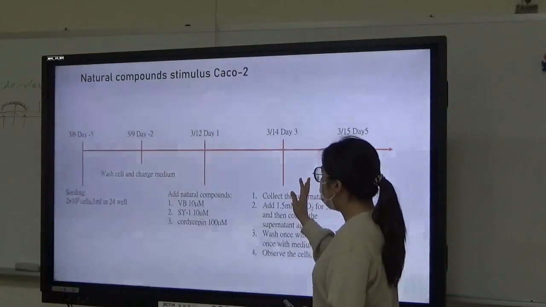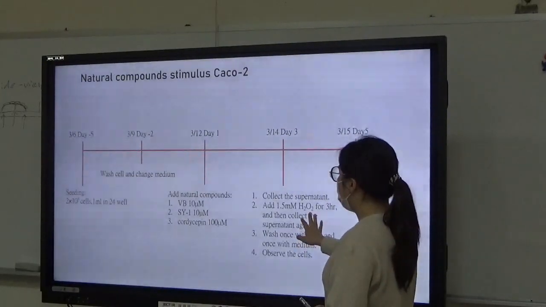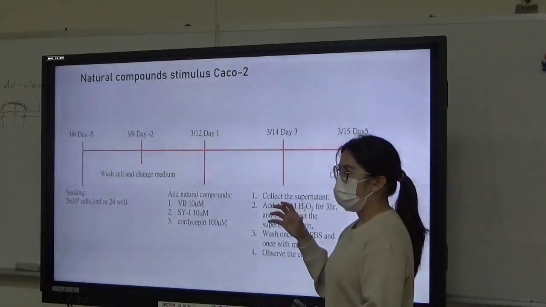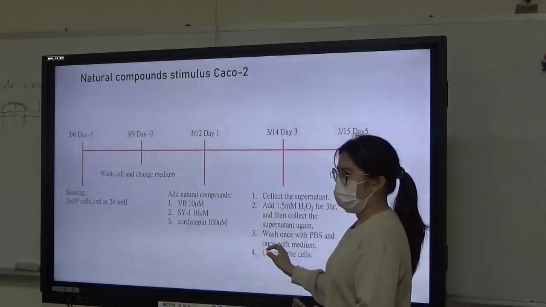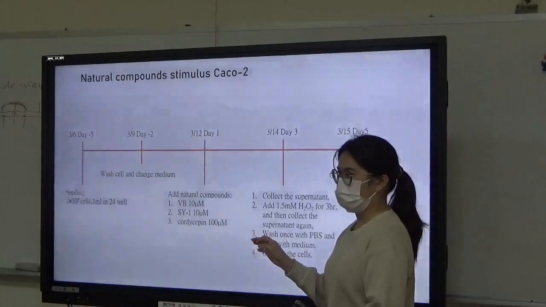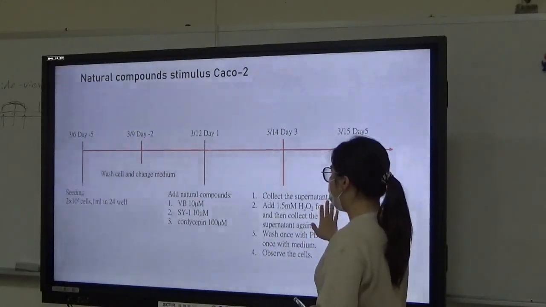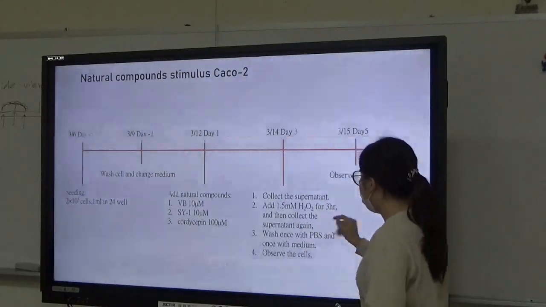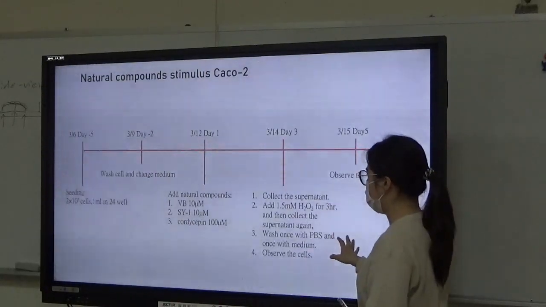And then after 2 days, we will use H2O to stimulate, compared with the control group, to destroy the toxic cells. Maybe from 20 hours, not 30 hours, not 3 hours, it's 20 hours.